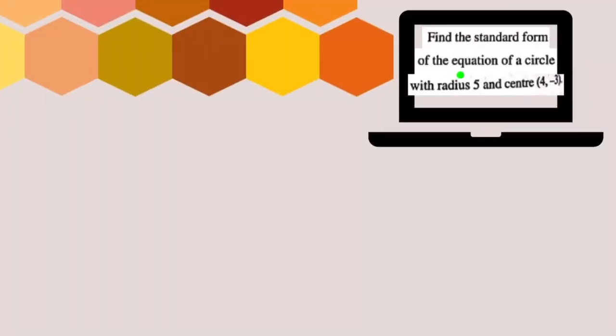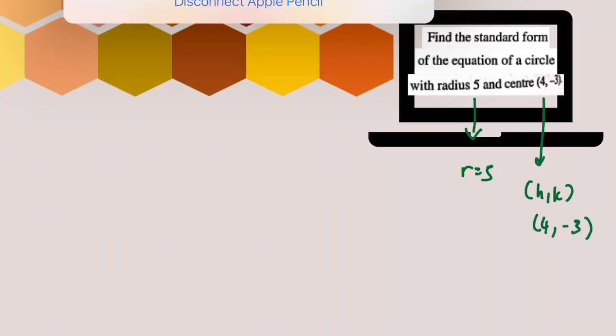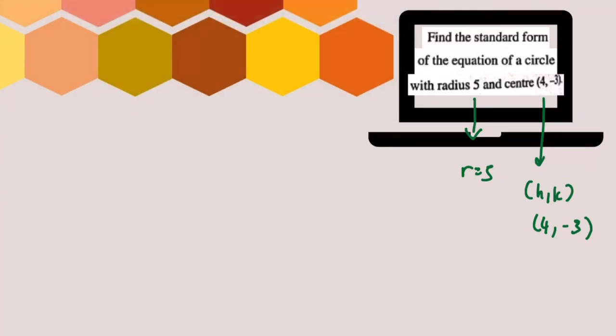The first example said, find the standard form of equation of circle with radius 5 and center (4, -3). So you have been given the information here. Radius is equal to 5, so r is 5, while your center (h, k) is equal to (4, -3). So let us solve this.